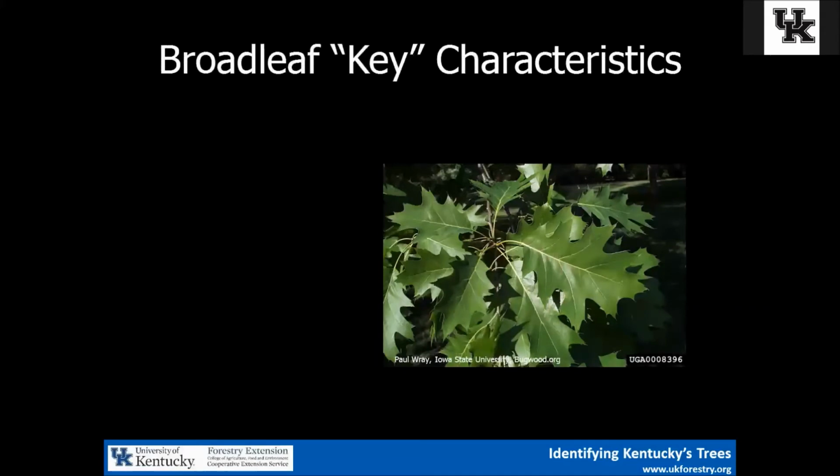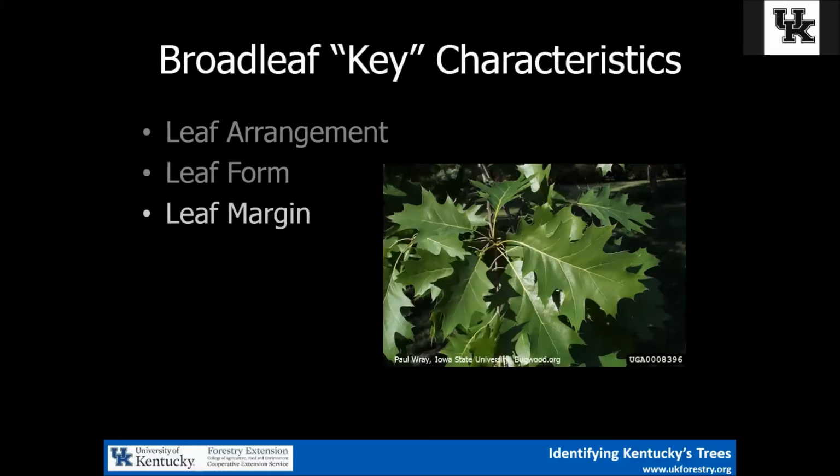Okay, so now let's get to the broadleaf key characteristics. As we mentioned, and you can kind of figure out, most of our trees are broadleaf, so we've got a little bit more to go through. There are some key characteristics that we will look at: the leaf arrangement, the leaf form, the leaf margin, you know, the edge of the leaf, leaf tips, you know, what the very tip of that leaf looks like, and the leaf base, where it's connected to the leaf petiole.